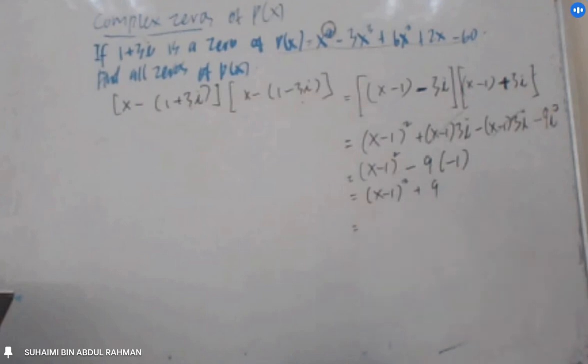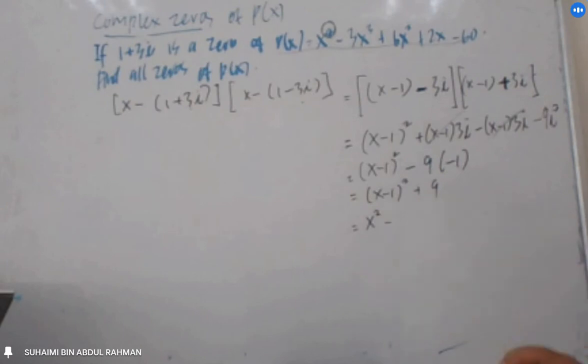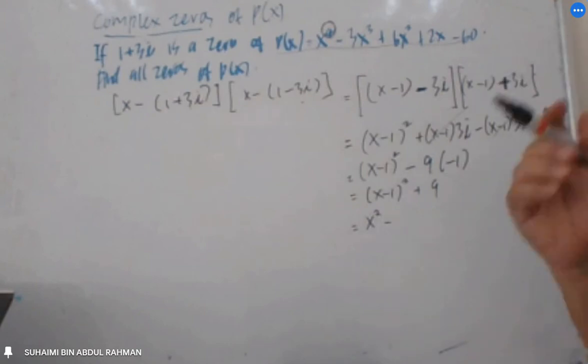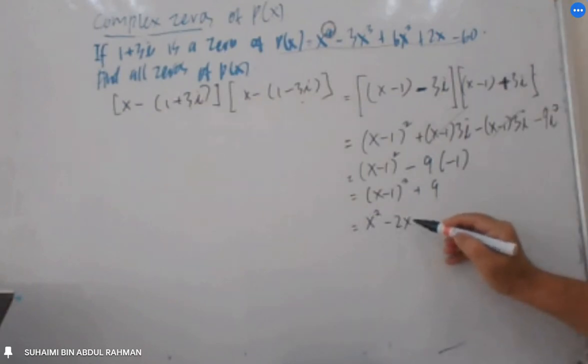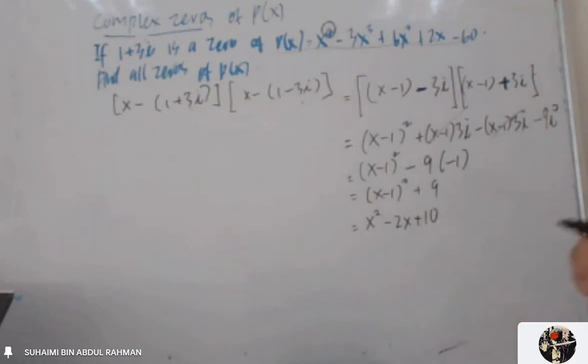Expansion of (x minus 1) squared, we will get x squared minus 2x plus 1, plus 9, so x squared minus 2x plus 10.